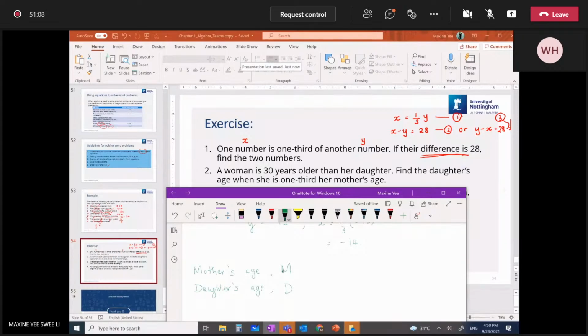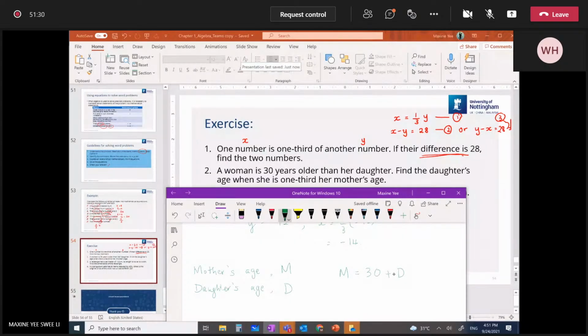Once we write out these unknowns and give some symbol to them, then we can write the relationship between these. A woman is 30 years older than her daughter. So that means the mother's age is 30 plus her daughter's age. She's 30 years older than her daughter.